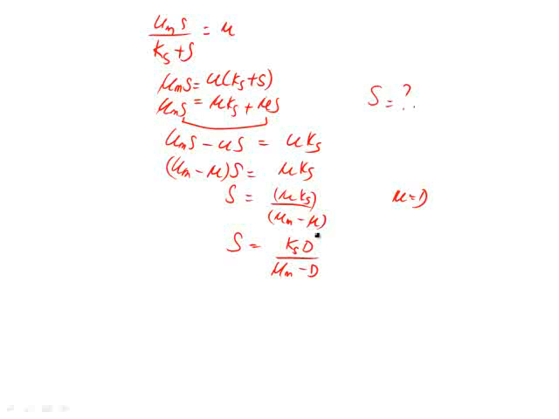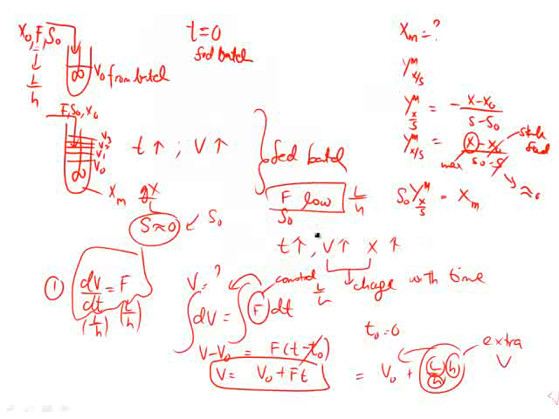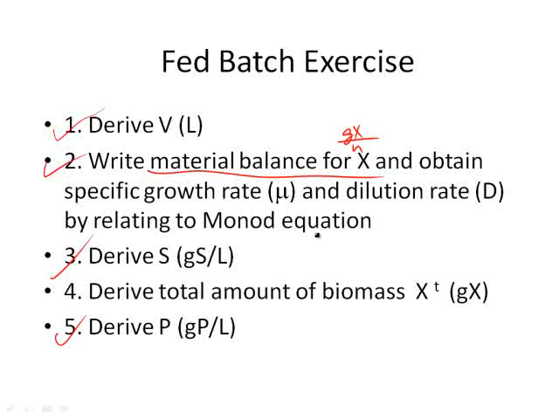I will go back to our exercise. Now, derive total amount of biomass. This is a little bit longer, to derive the total biomass. But the basic rule is what?